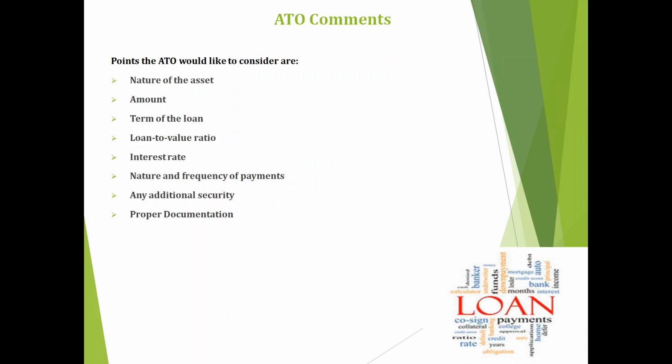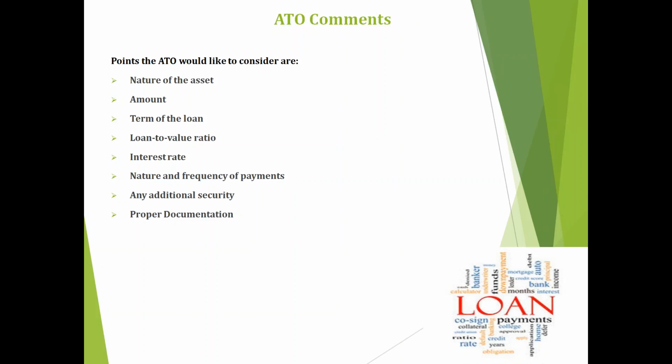The points the ATO are likely to consider in that context are the nature of the asset, the amount of loan, the terms of the loan-to-value ratio, the interest rate, the nature and frequency of payments, any additional security.